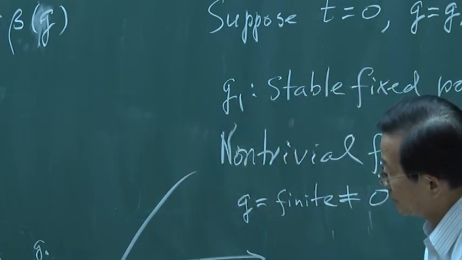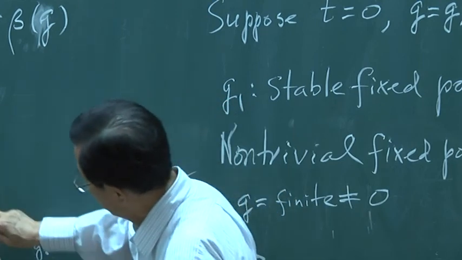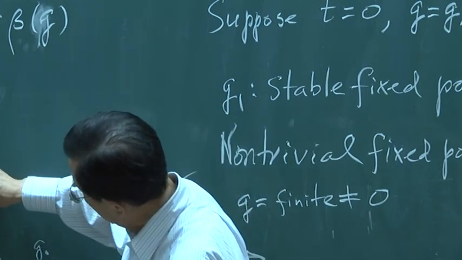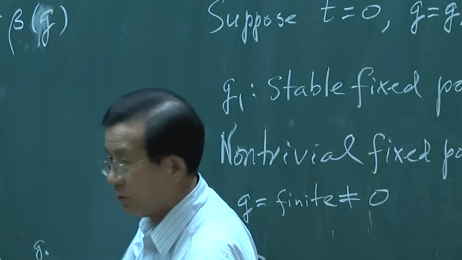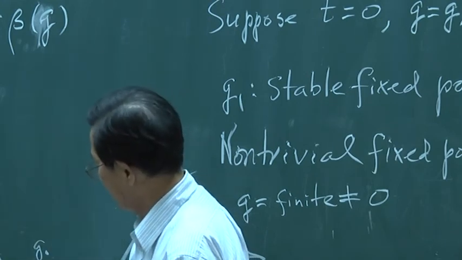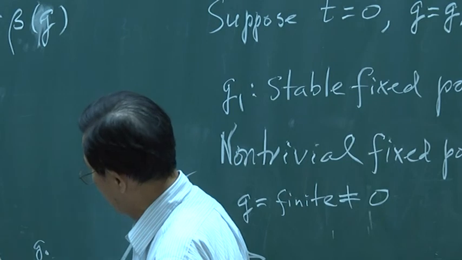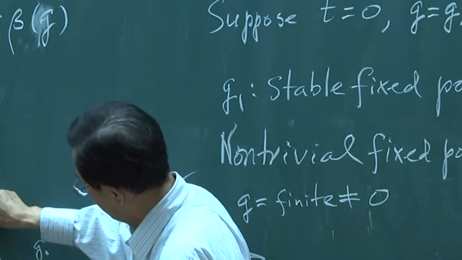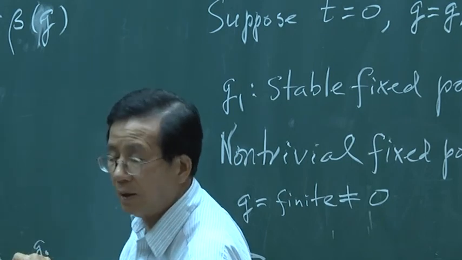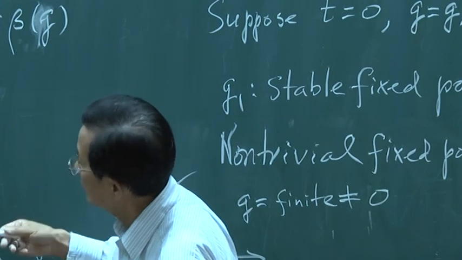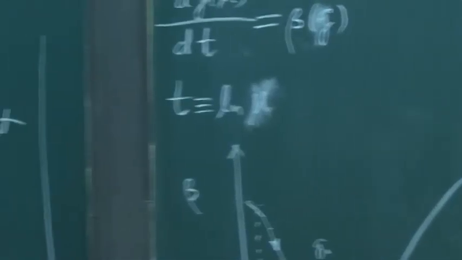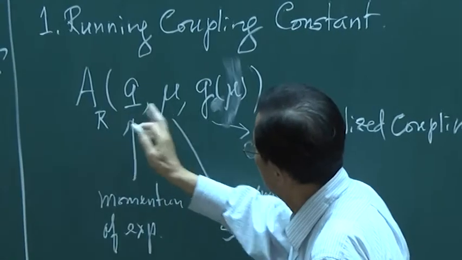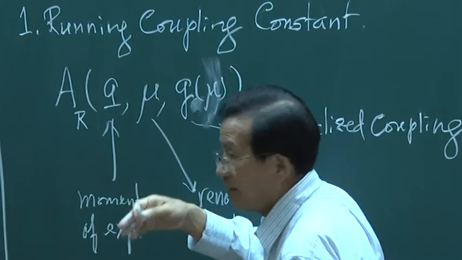And for example, if you start from here, even if the initial value of the coupling constant is very small, near the origin here, g is very small. But because the beta function looks like this, it's driven to this point. So essentially the physical coupling constant, which is appropriate for this particular experiment, is not predetermined.